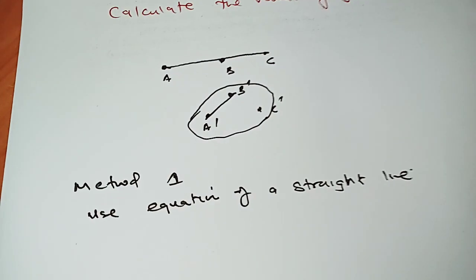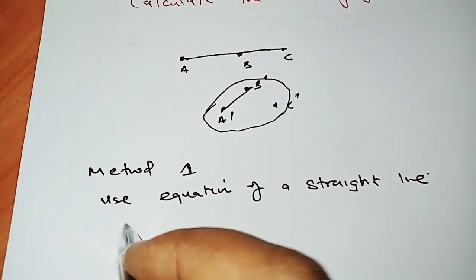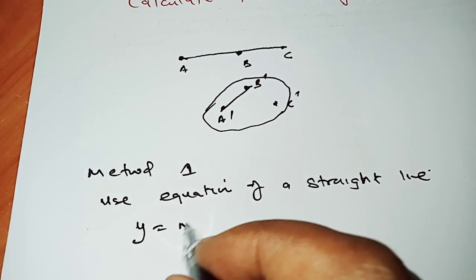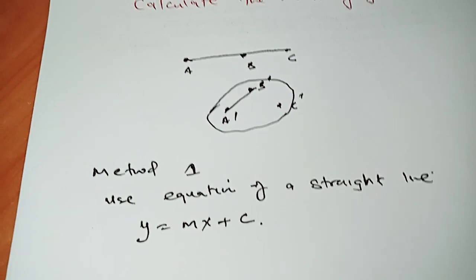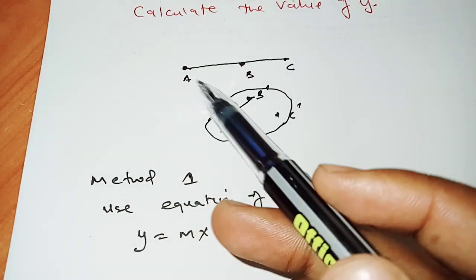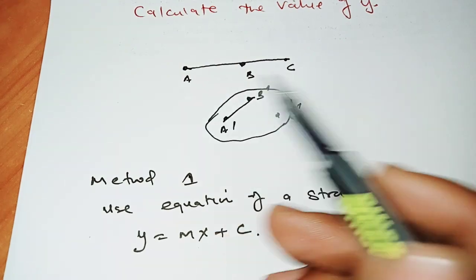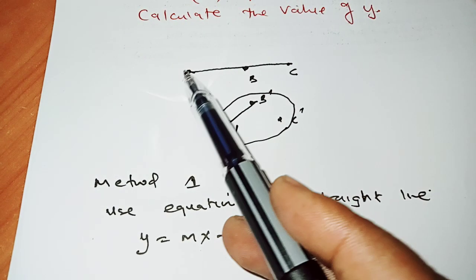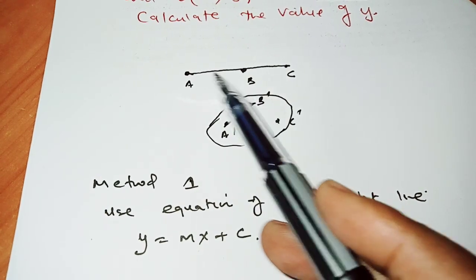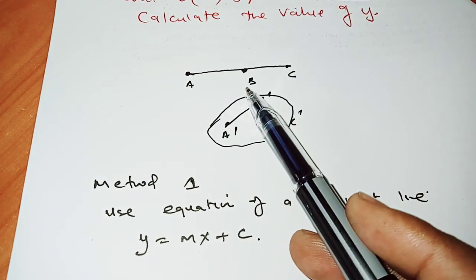The concept of the equation of a straight line will help us, and we know that the equation of a straight line, general format, resembles that. So we have y is equals to mx plus c. Now if all 3 points are collinear, then it means that the equation that satisfies points A and B is the same equation that satisfies A and C, and the same equation that satisfies B and C.